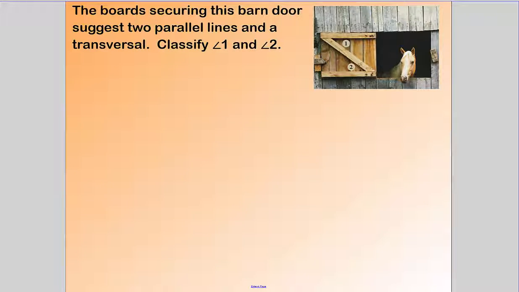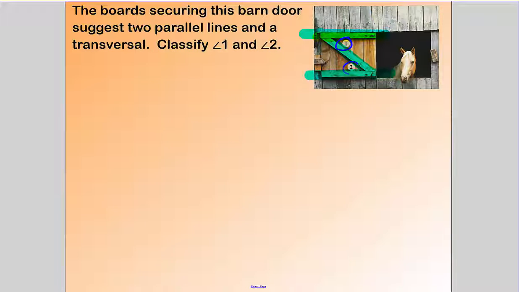So in this first one, we just have to classify angle 1 and angle 2. If I look very carefully at the parts in this picture, I can see that I have two parallel lines and a transversal.